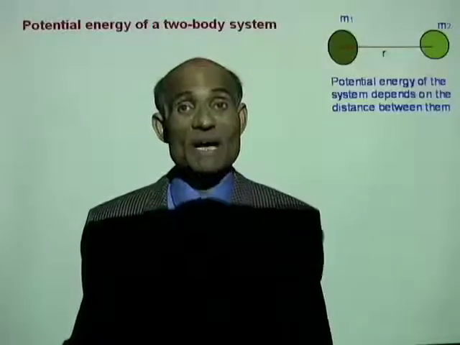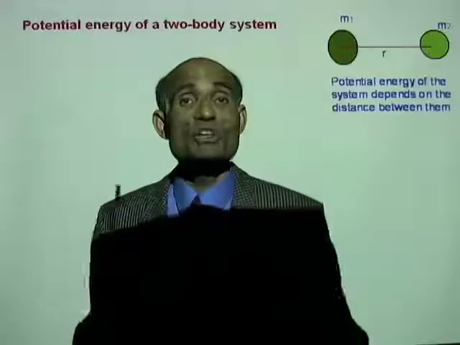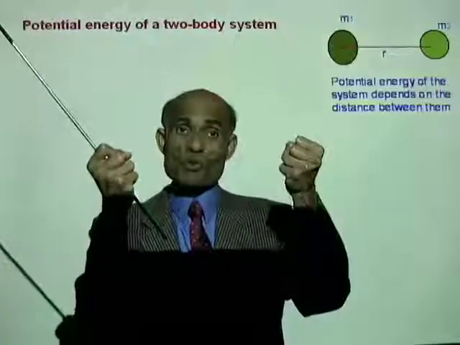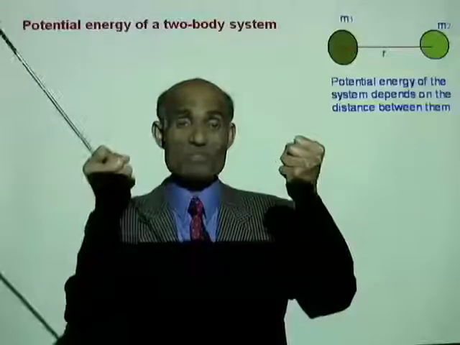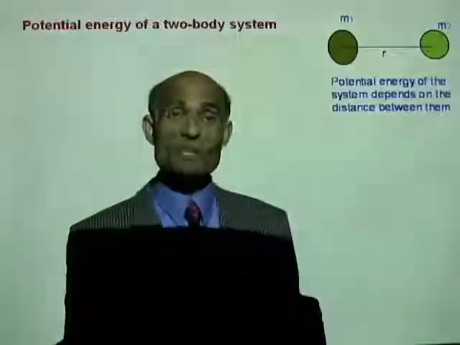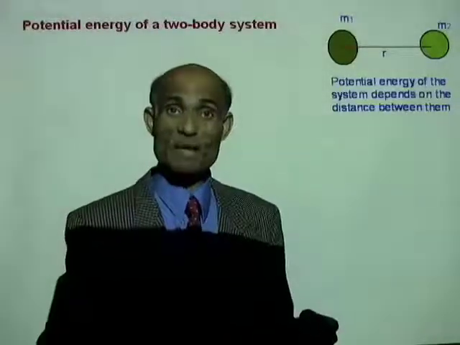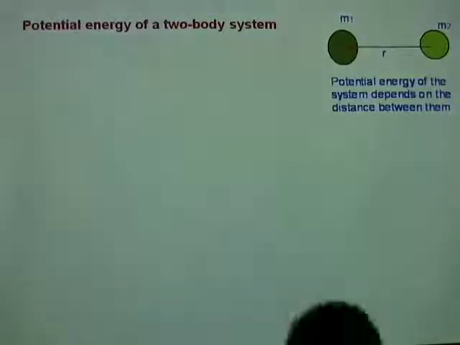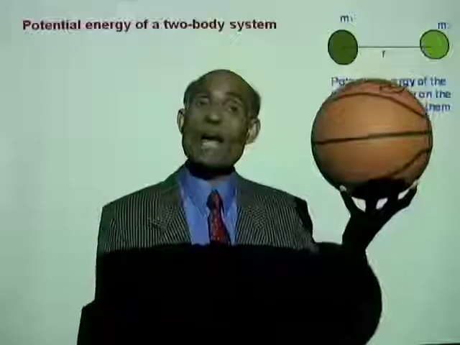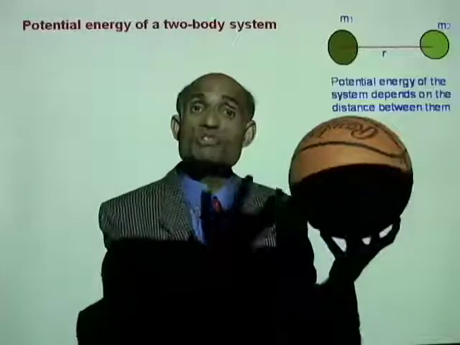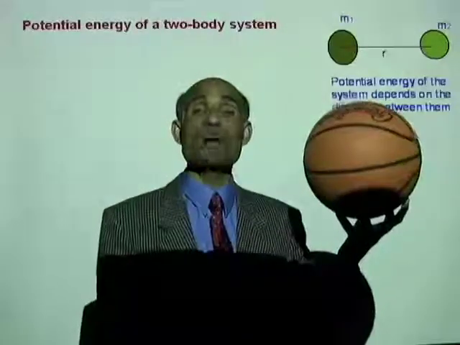Well, we know that the potential energy of a two-body system, a two-object system, depends on the distance between them. Consider the basketball and the Earth. This is a two-object system.